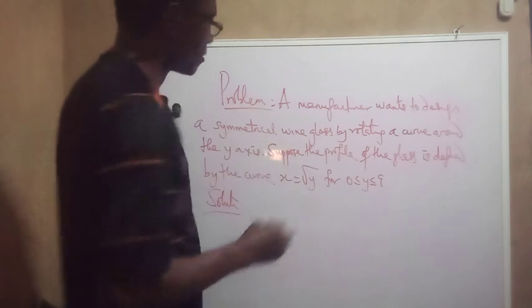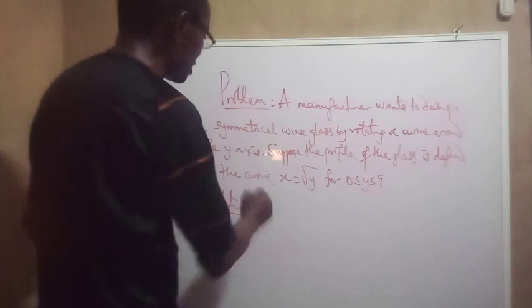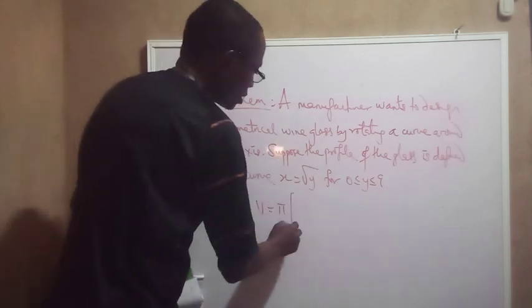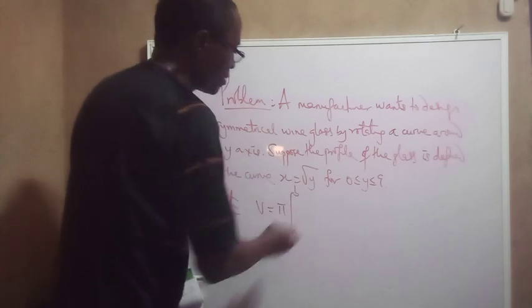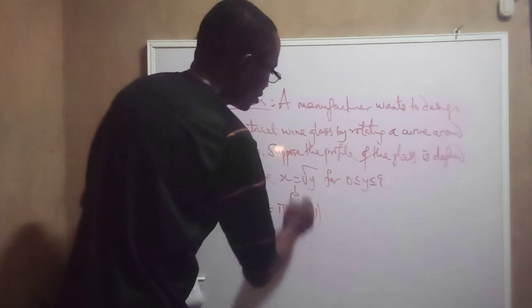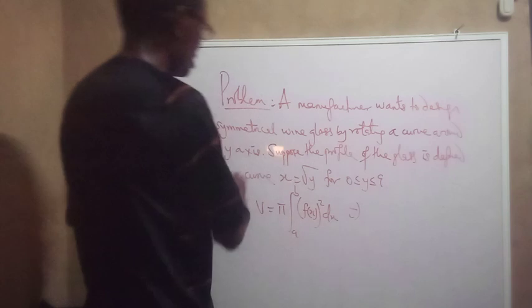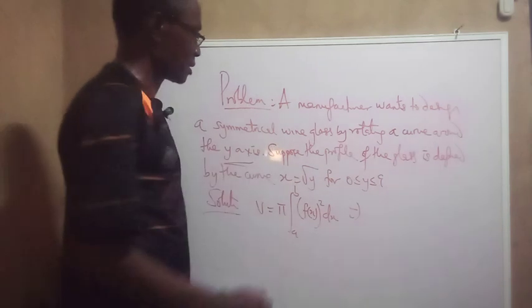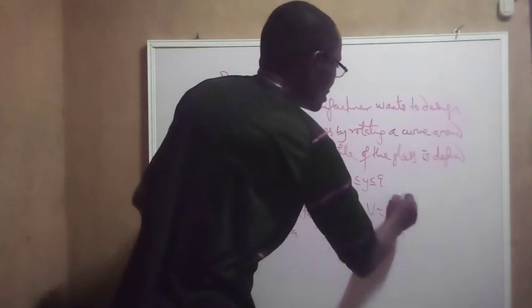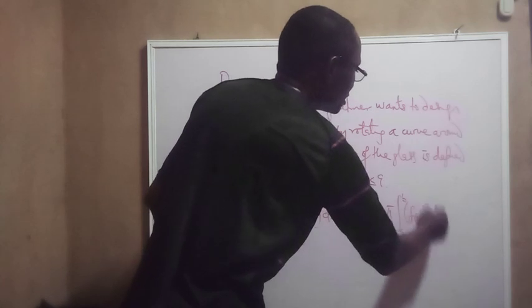Let's use the disk method that we just used, where the volume of revolution is pi times the integral from a to b of f of x all squared dx. But in this case, since we have to rotate along the y-axis, it should change to V equals pi times the integral from a to b of f of y all squared dy.